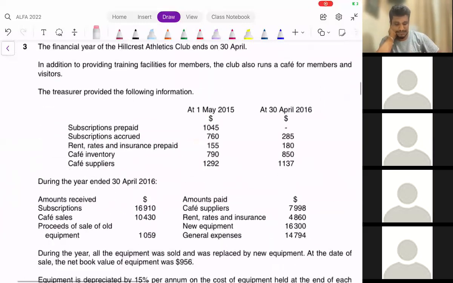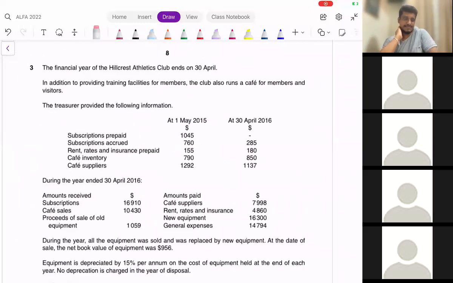Okay, now we'll do one question. The financial year of Ilcris Athlete Club ends on 30th April. In addition to providing training facilities for the members, the club also runs a cafe for members and visitors. The treasurer provides the following information.